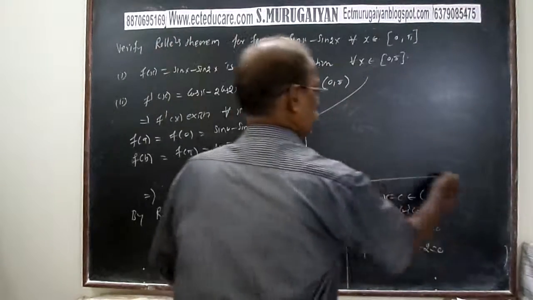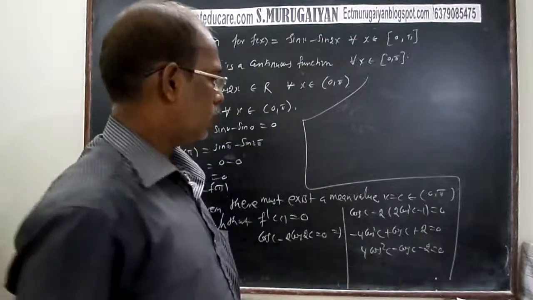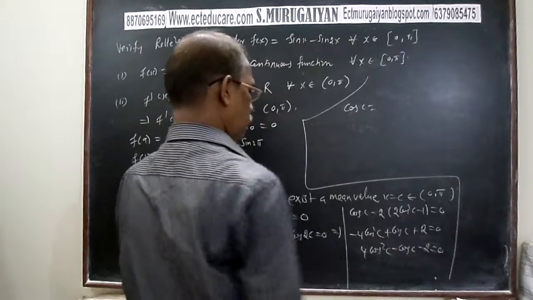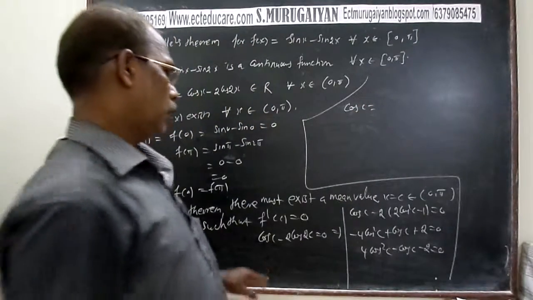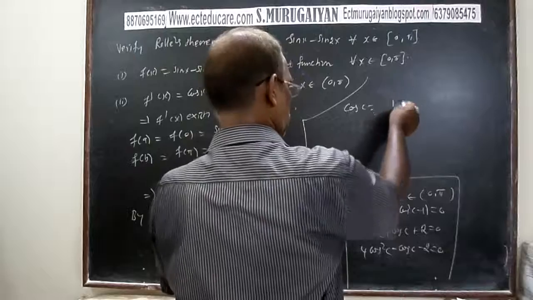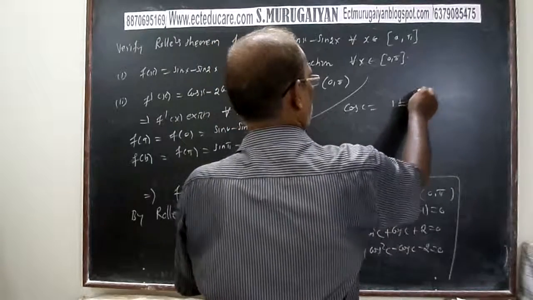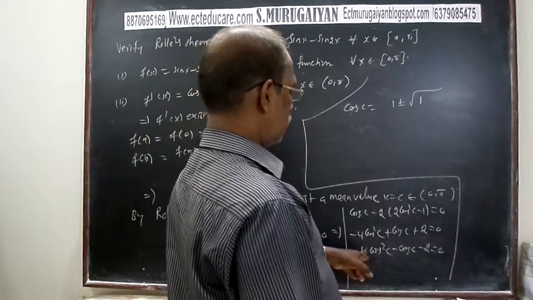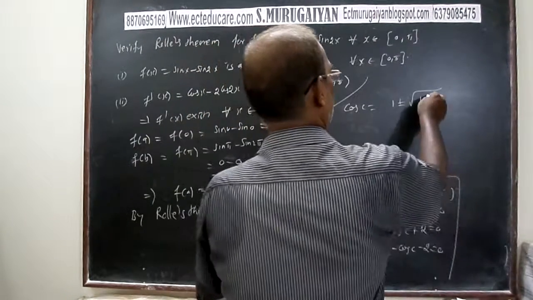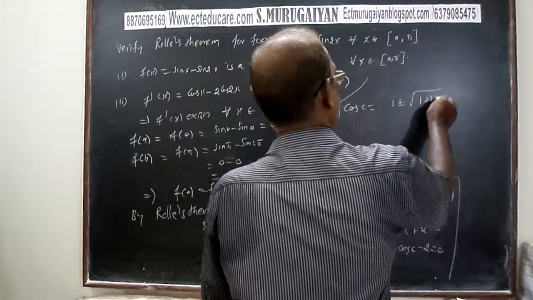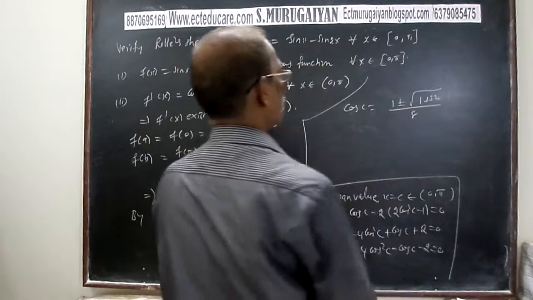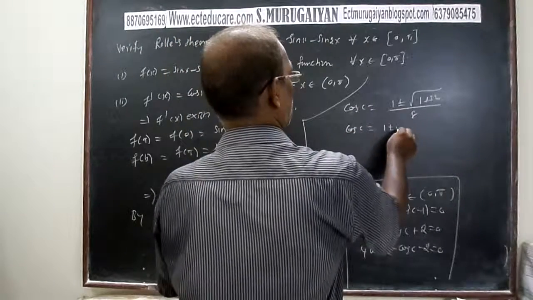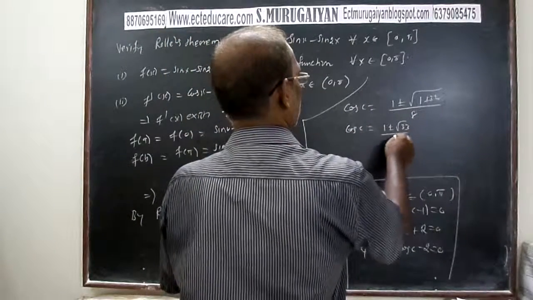Okay. So applying the quadratic formula on this, we can get cos c = (-b ± √(b² - 4ac))/2a, that is (1 ± √(1 + 32))/8. Then cos c = (1 ± √33)/8.